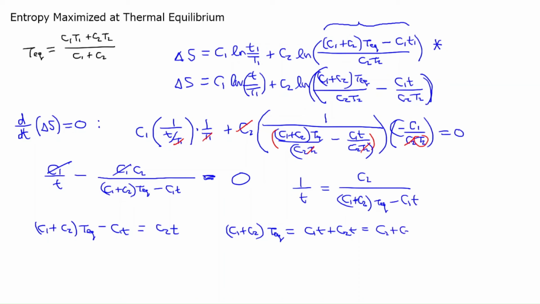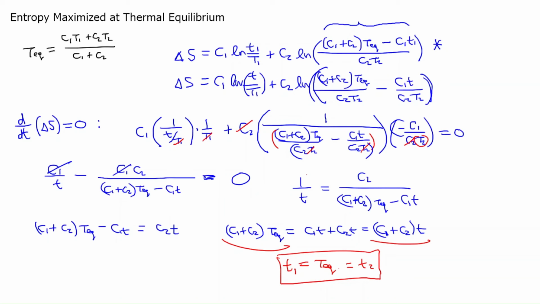Of course, I can factor out the lowercase t from that, and what we're seeing right away, when I compare these extreme left and right hand sides, is that I get maximum entropy, as long as I'm assuming conservation of energy, when the final temperature of subsystem 1 equals the equilibrium temperature. And I think we would find that that also equals the final temperature of subsystem 2.